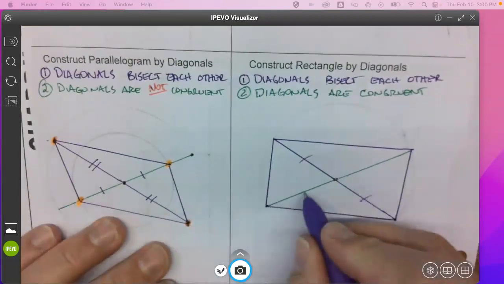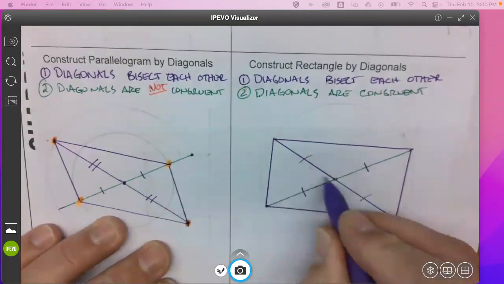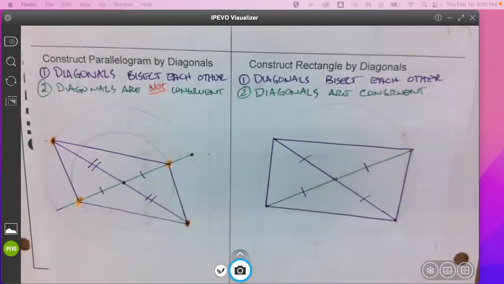If done correctly, this should be congruent bisected, which makes it a rectangle. Any questions on the parallelogram or the rectangle by diagonals?